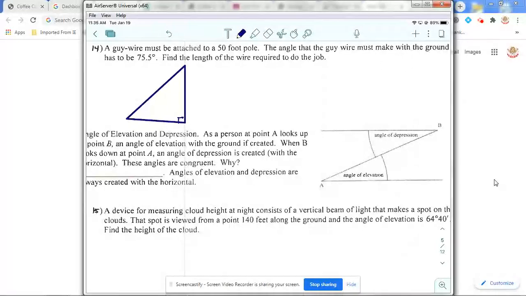I didn't draw a really great horizontal line, but the ground should be horizontal. Label what you know. The pole is the vertical distance, and the hypotenuse is going to be the wire. I'm just going to call it W. Looking at what we have and what we want, we're going to use sine.